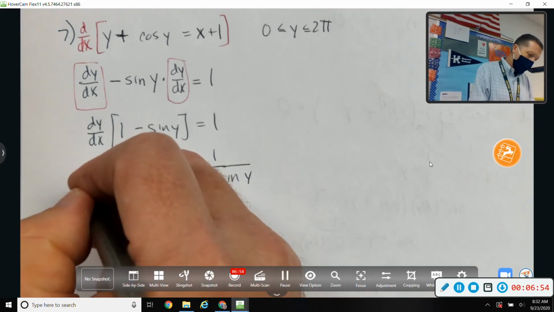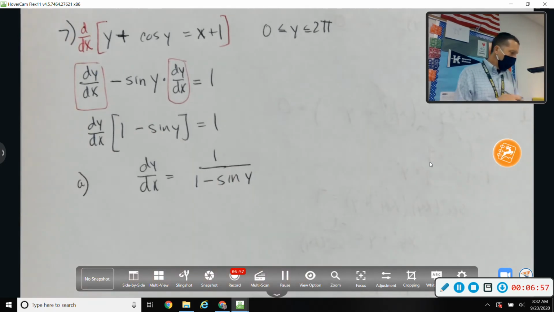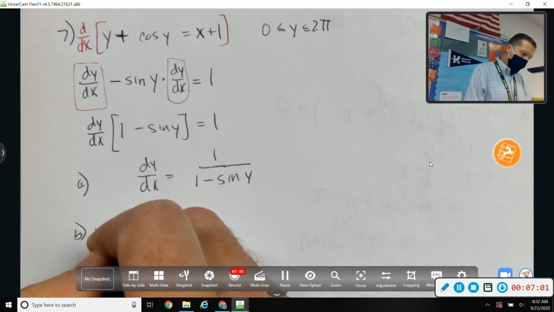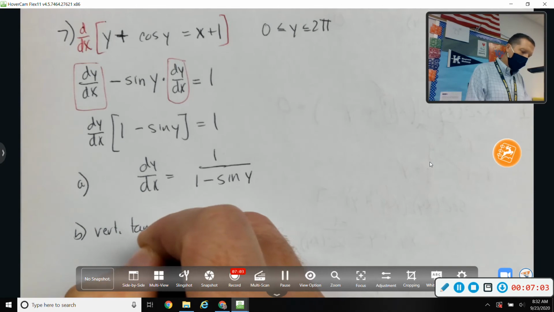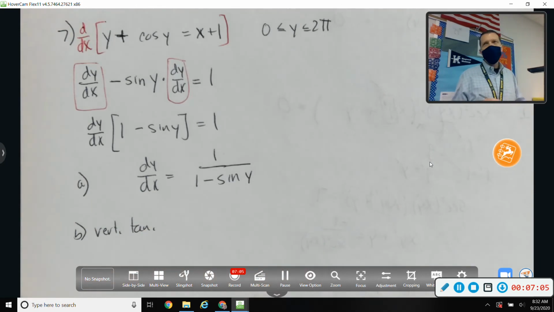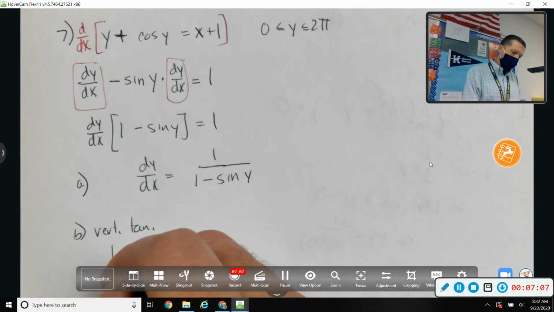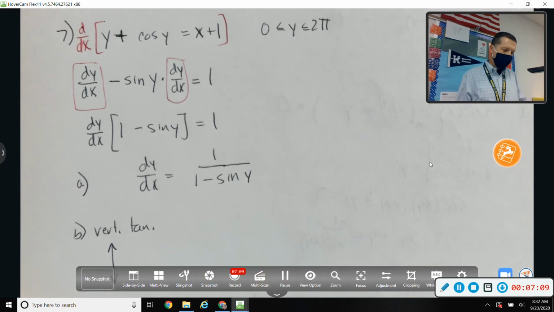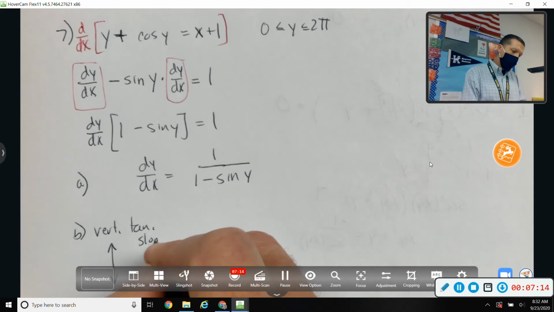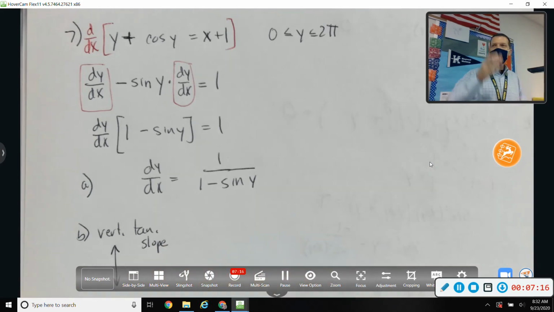That's part A. Part B, write an equation for each vertical tangent. Vertical tangent, vertical tangent. So I'm just kind of thinking out loud. Vertical looks like that. Tangent means slope. So what's the slope of a vertical line?